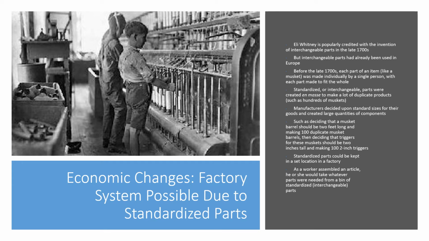Manufacturers decided upon standardizing their sizes for their goods, which would create large quantities of their components, such as deciding that musket barrels should be 2 feet long, making 100 duplicate musket barrels. Then deciding that the trigger for these muskets should be 2 inches tall, making 100 two-inch triggers. It's all about standardizing.